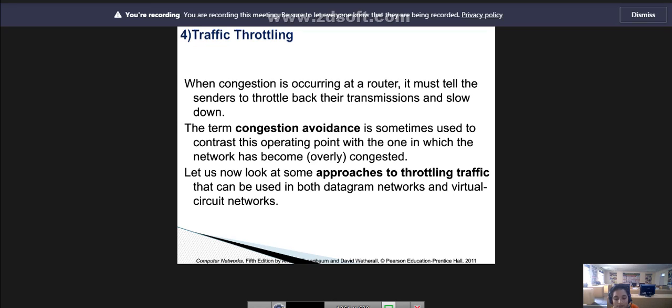The possibilities are the utilization of the output links, the buffering of queued packets inside the router, and the number of packets that are lost due to insufficient buffering. The second problem is that routers must deliver timely feedback to the senders that are causing the congestion. Different schemes use different feedback mechanisms. So this is called traffic throttling.